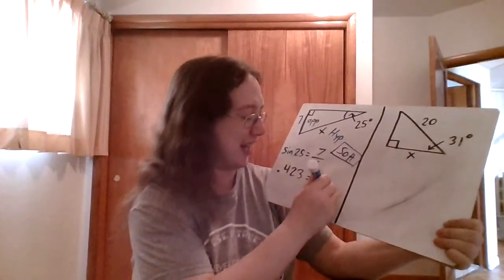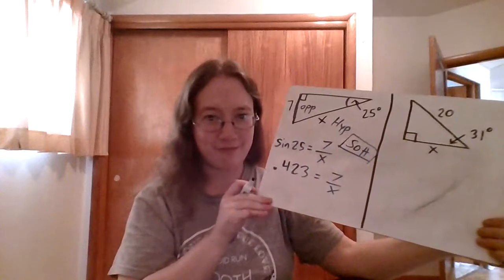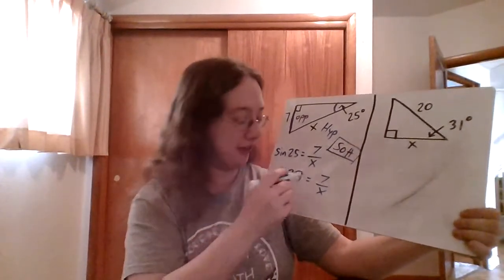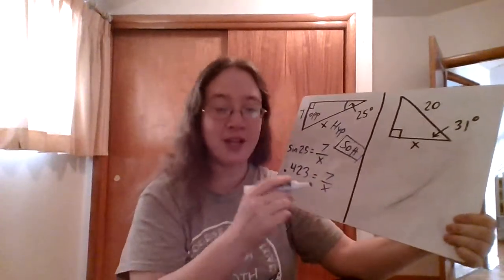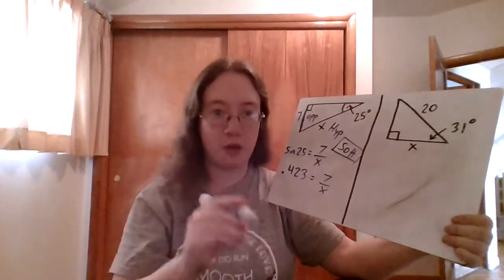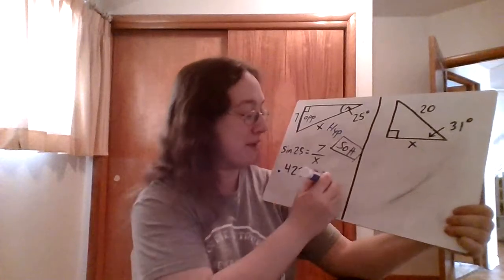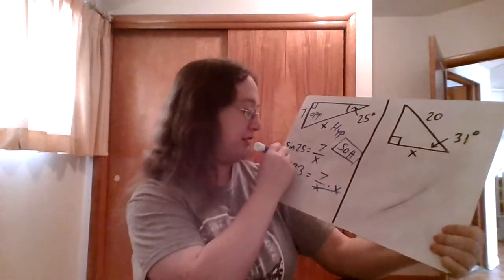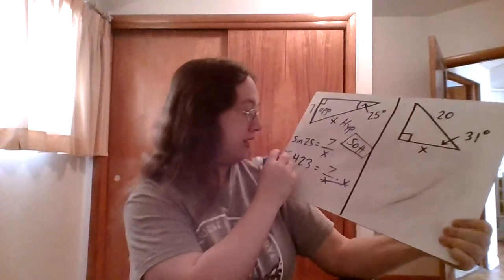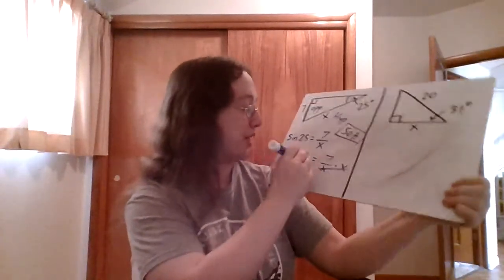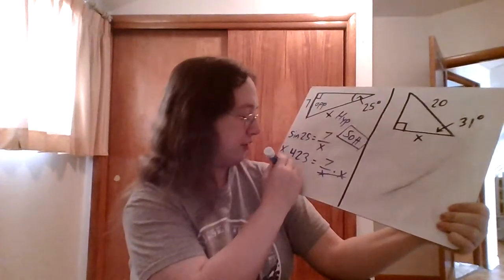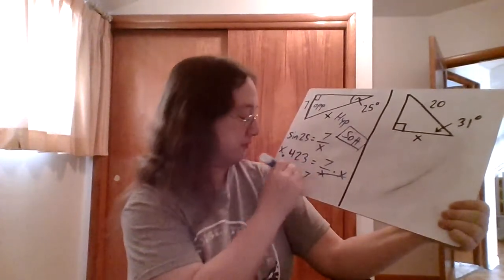Okay. What do we do with that? Because we can't just divide by 7. I know it's tempting to say, okay, well, 7's at the top, we're just going to divide by 7, but that gives you a 1 over x. That's not what you want. So instead of dividing by 7, we're going to multiply by x. That's going to cancel out this x. And now we got 7 equals 0.423 times x, so we're actually going to divide by that 0.423.